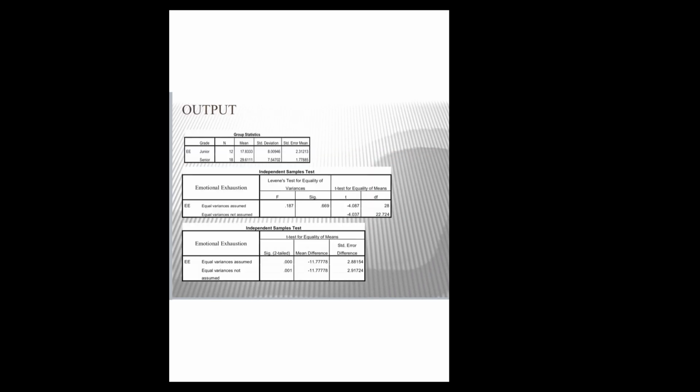Okay, so in this case, we are now looking at the t, the df, and the sig two-tailed. So the formula being written is t, no space, and then this would be the df. That df here is 28. That's that number right there.